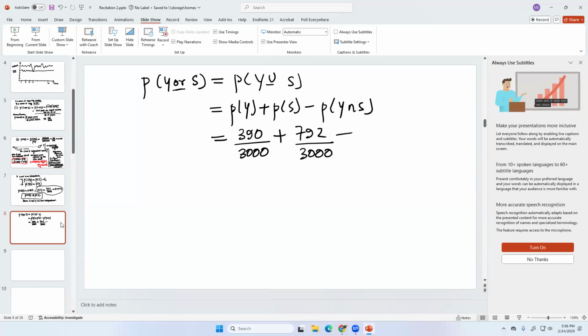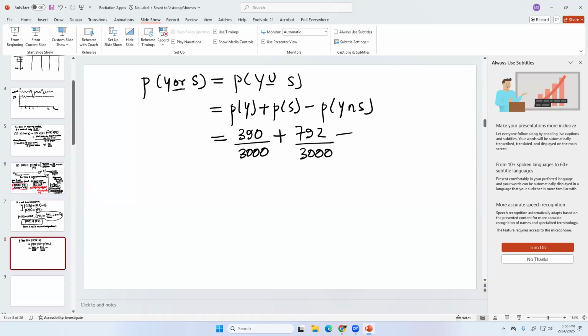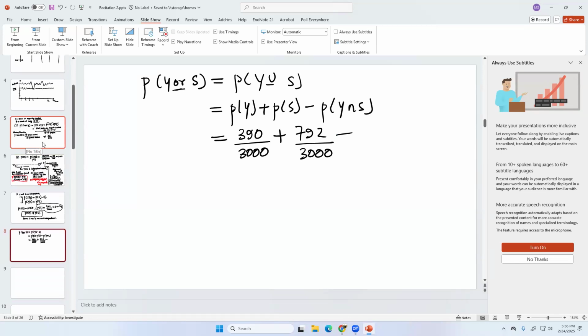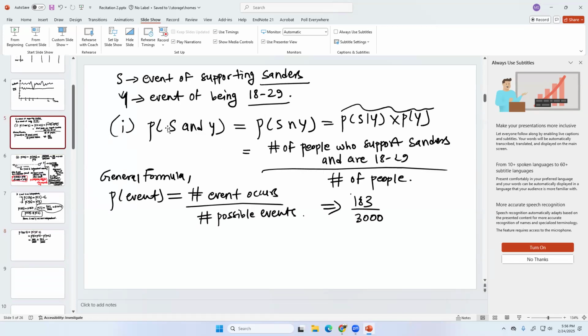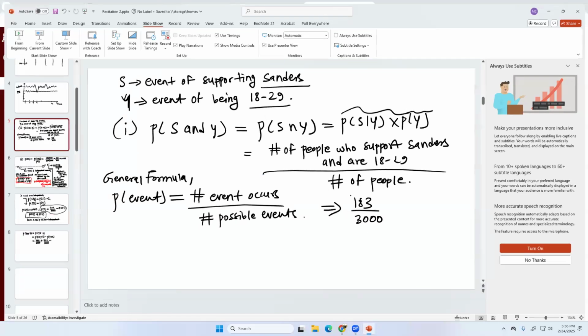And what is the probability of y intersection s? I think we already did that too. No? In the first part, in the first question, we already found P of s and y. So it's 183 out of 3000, right?